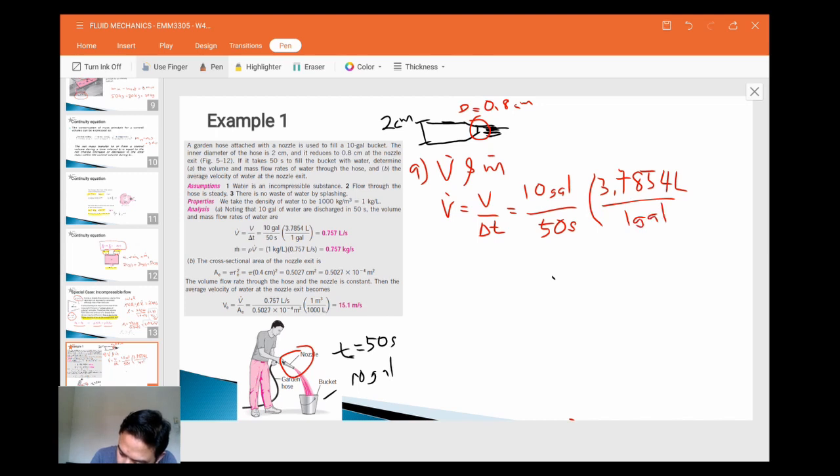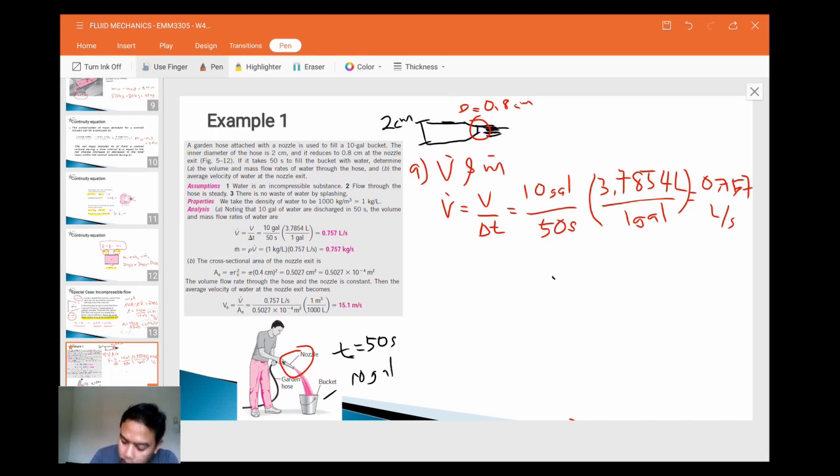You will get 0.757 liter per second. So this is your answer for volume flow rate.